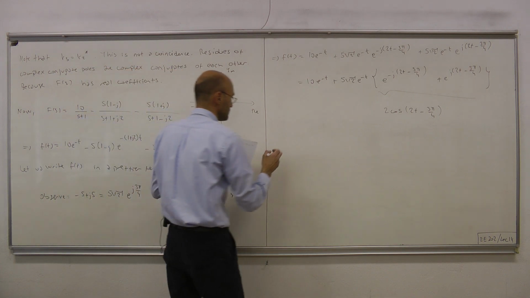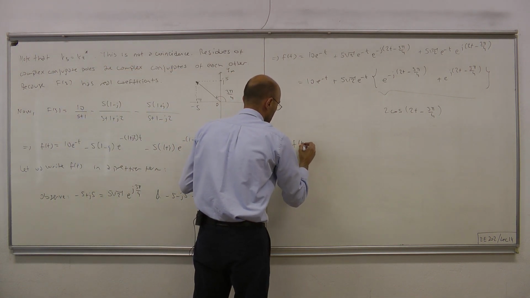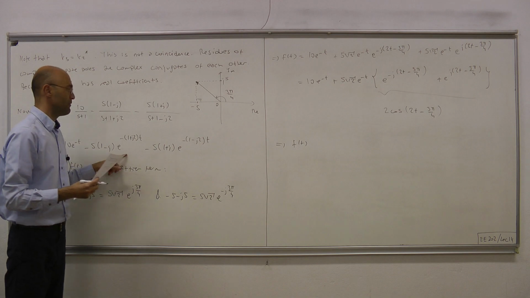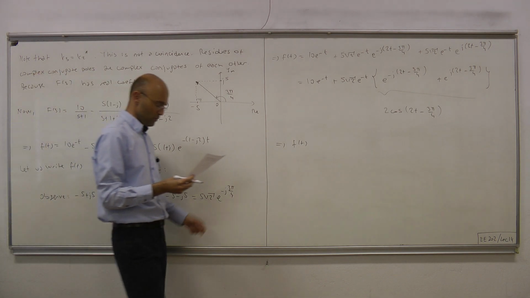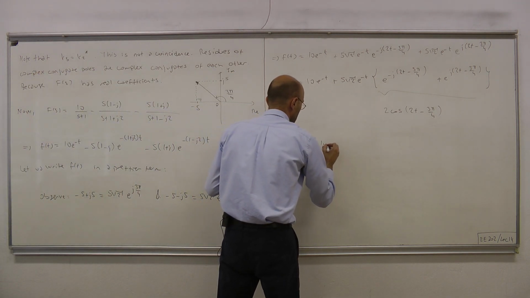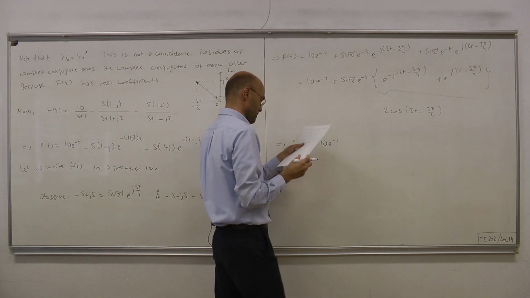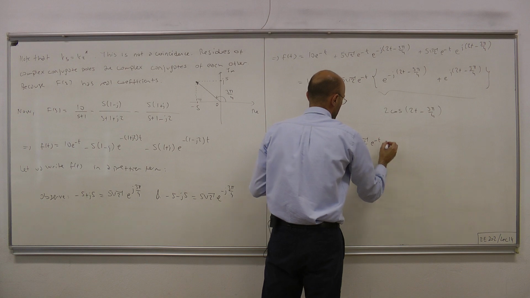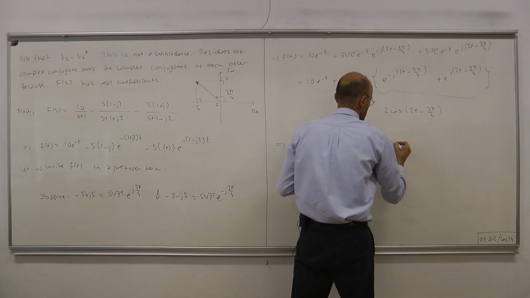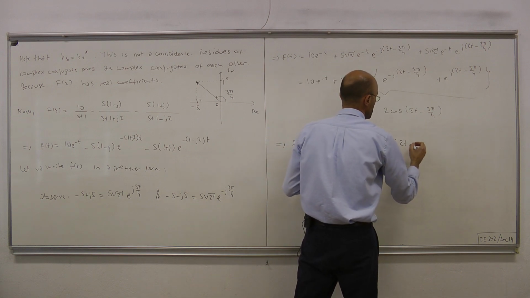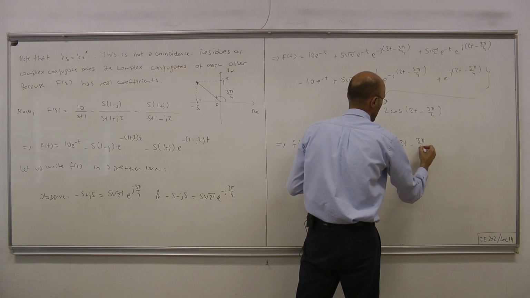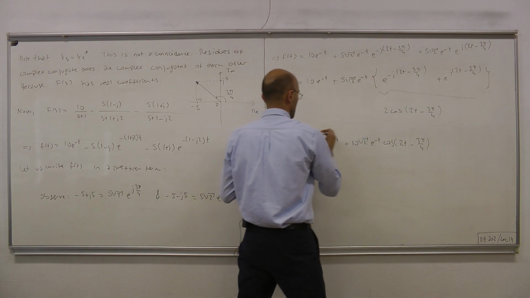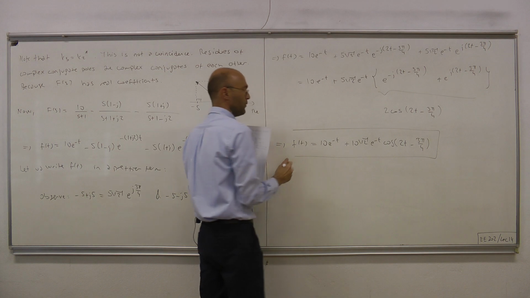Therefore, the f of t that we have written down must equal this real function, 10 square root of 2 e to the minus t cosine 2t minus 3 pi over 4 radians.